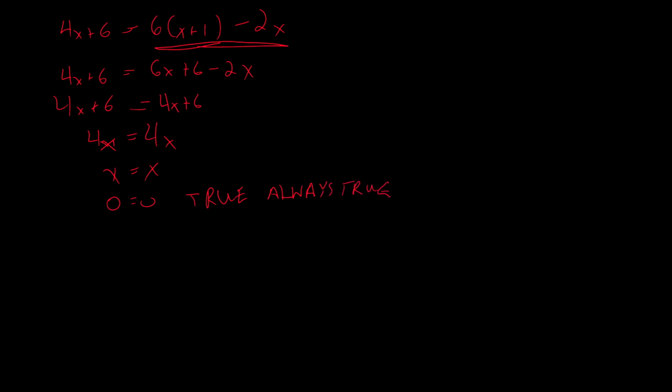And so this tells me no matter what value of x I have, this will be true. And so we say that x has the solution set of all real numbers.